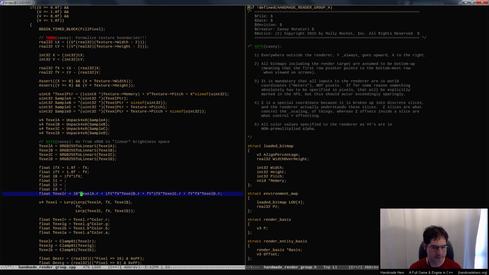There's L0, there's L1, there's L2, and there's L3. Oops, got to actually write it in there. And so what you can see is this whole bilinear blend just folds down after you look at what it's doing.